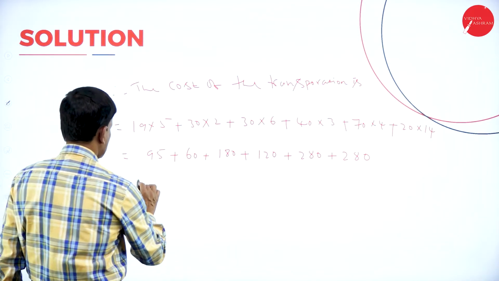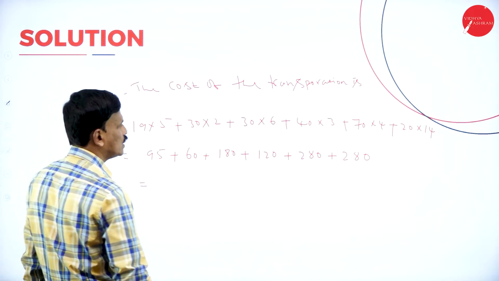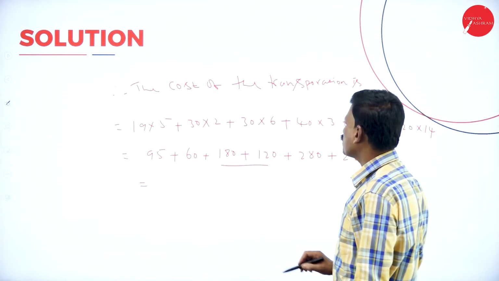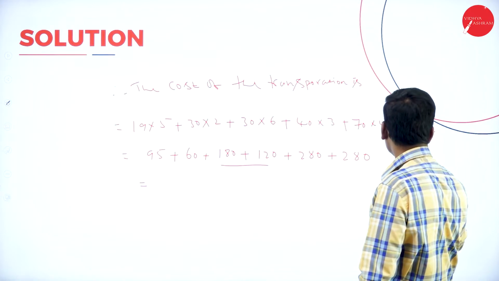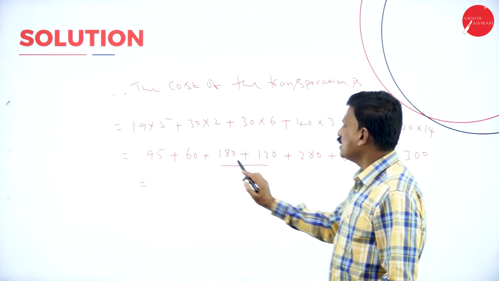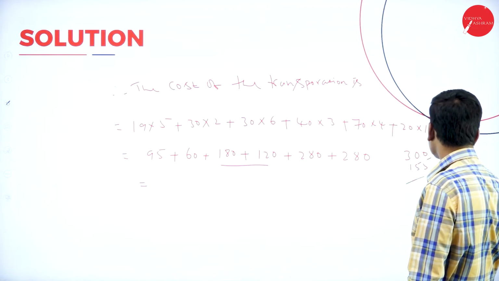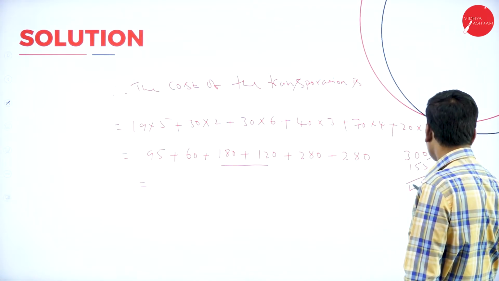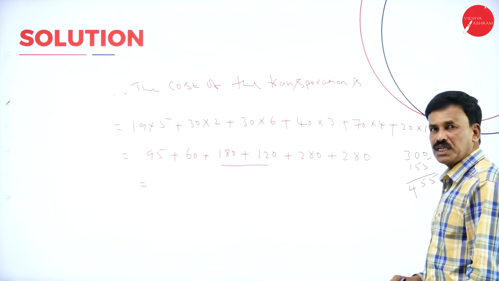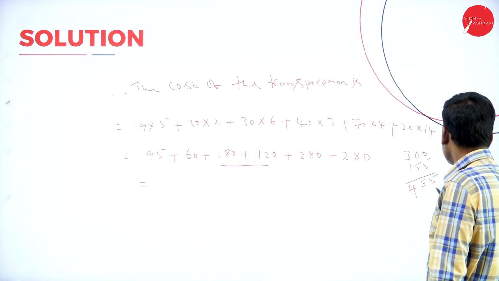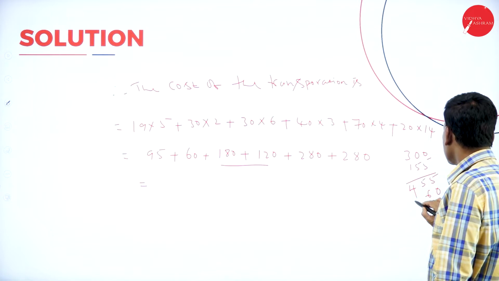So, if you add this, what is the answer we are going to get here? 180 plus 120 is 300, 60 plus 95 is 155, 300 plus 155 is 455, plus 280 plus 280, 560.